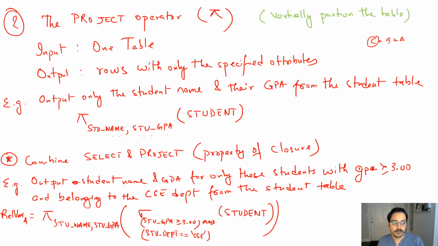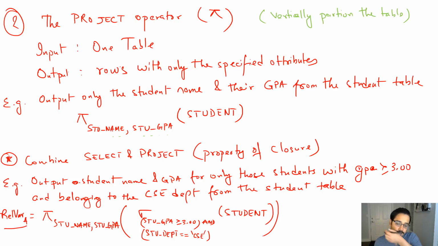So now, instead of simple variables, what relational variables will have is basically the label will be the name of the table or whatever it is that you want to give it as a name, and then the content will be basically a relational table that is generated from a relational operation. Okay, so that is what a relational variable simply means.